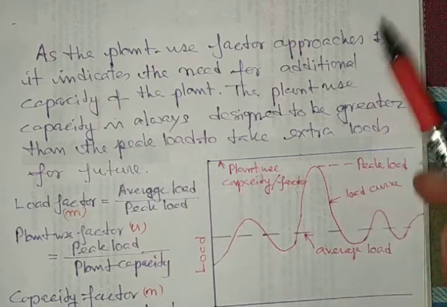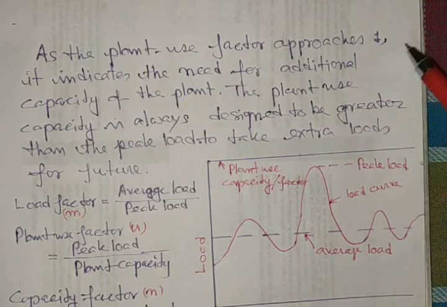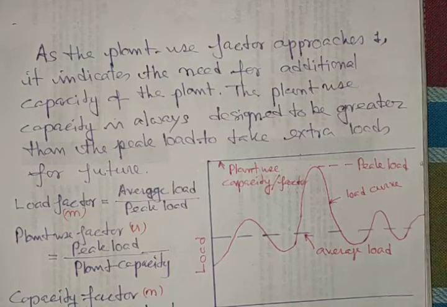So if the peak of the particular plant is equal to the plant capacity, then what happens? You can assume that you have to add some additional capacity to that particular power plant.